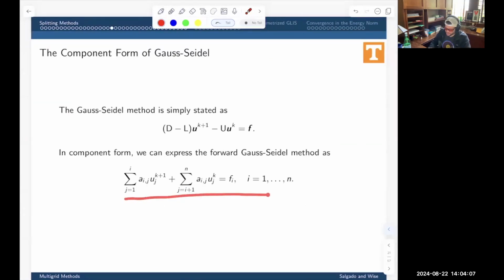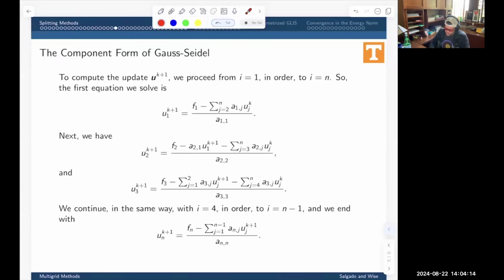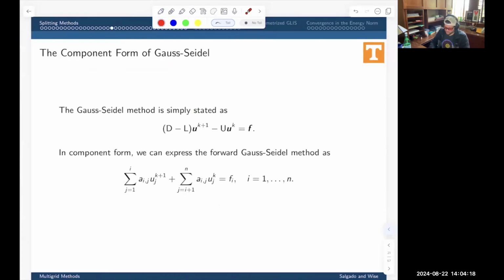Let's do I equals 1 first and see what we get. If we put in I equals 1, then the only term that's going to be here is A11, and what goes here is everything else.